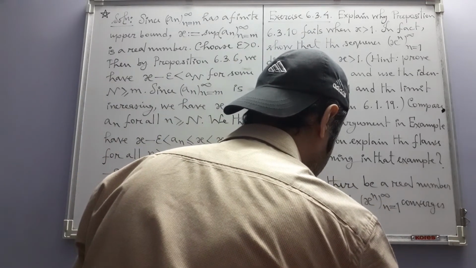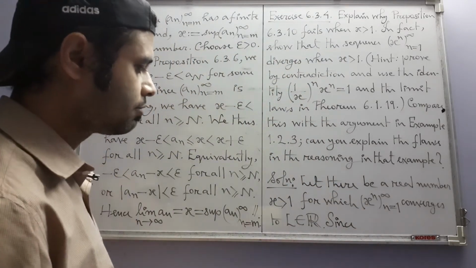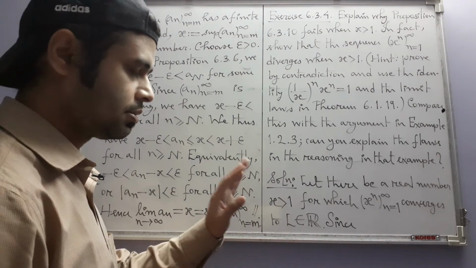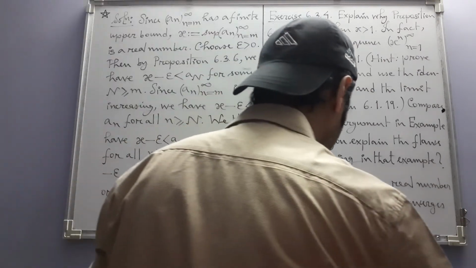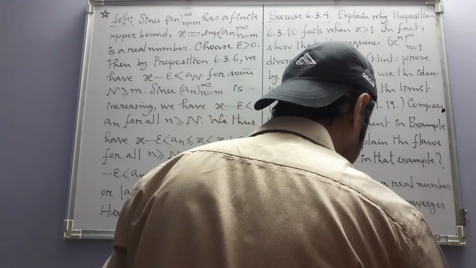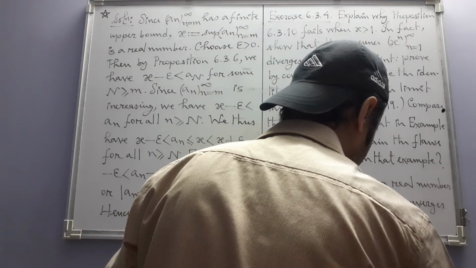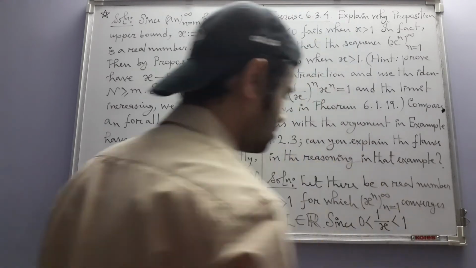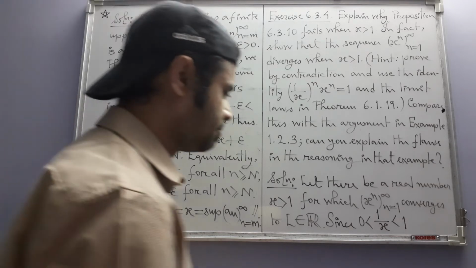Since x is greater than 1, x in particular is also a positive real number. So if we take the reciprocal, we will have that 1 over x lies between 0 and 1.